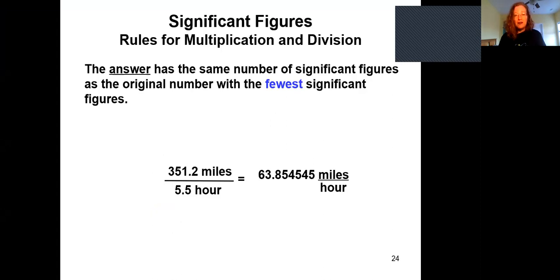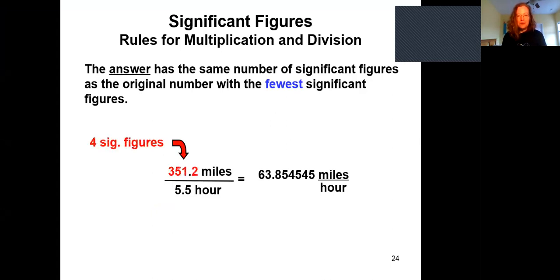The majority of the time, we're going to be multiplying and dividing numbers, and you'll be using these rules. Here's the rule. The answer to a multiplication or division problem will have the same number of significant figures as the original number that had the fewest significant figures.